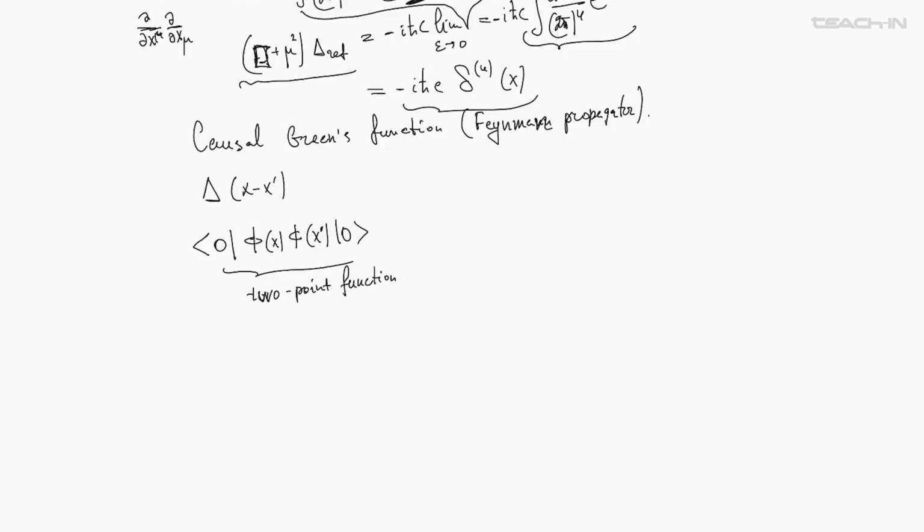Now, here phi is a quantum field, so we can write it in terms of creation and annihilation operators. And then we put this product of phi on x and phi on x prime in between two vacuum states. So often this is called the vacuum expectation value of the product of two operators.